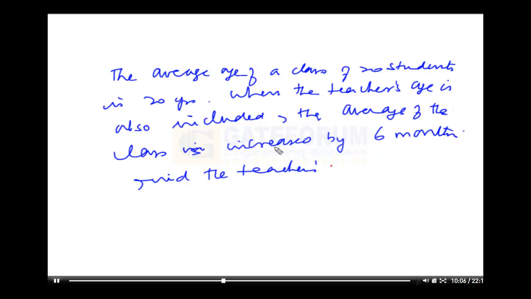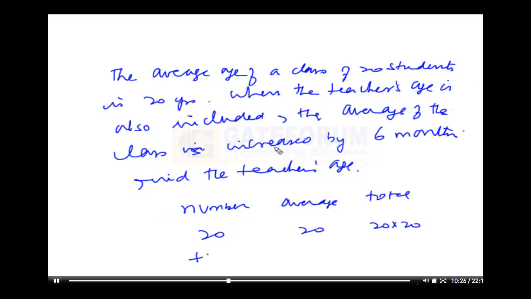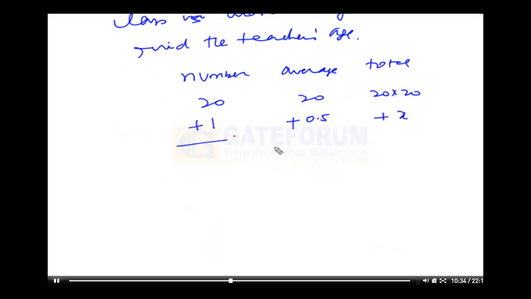20 students average is 20 years. Include the age of the teacher, it becomes 6 months more. So let us do this conversion method: number, average and total. 20 students, average 20, total is 20 into 20. One more number added we don't know, but the result is 6 months, that is 0.5, 6 by 12 is half.